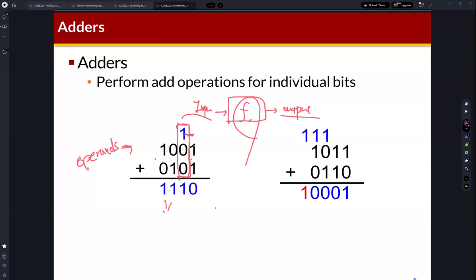What is this? Another input is the carry from previous digit, right? So actually, in order to implement the addition, we need to consider the 3-bit inputs: carry in, two inputs from the operands, and then sum is generated, and then another carry out. So carry is generated.